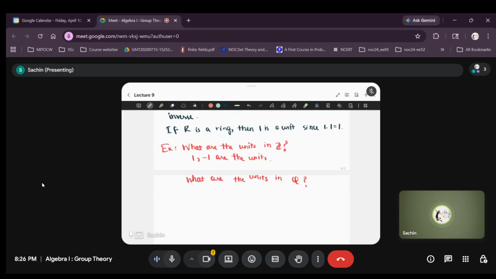Yeah, if a by b is an element, b by a is its multiplicative inverse, and a by b times b by a is equal to 1, as long as a by b is not equal to 0, because 1 by 0 is not a rational number. So other than 0, everything is a unit.